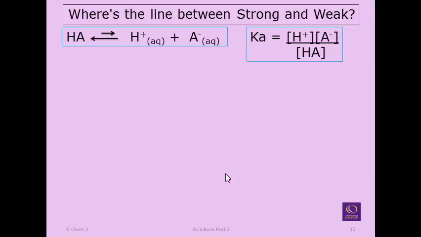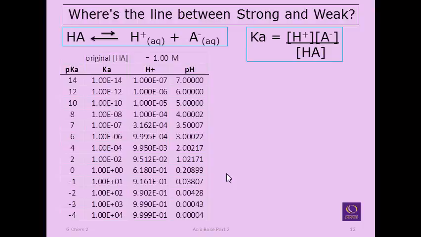So where's the line? Let's focus on the acid first. I've set up basically a table where, if I had an original acid concentration of 1 molar, and an acid, for example, that had a pKa of 14, it would have very little H plus in solution, so it's very strong to the left. If I had 1 molar of an acid with a pKa of 6, now I'm getting a little more H plus built up.